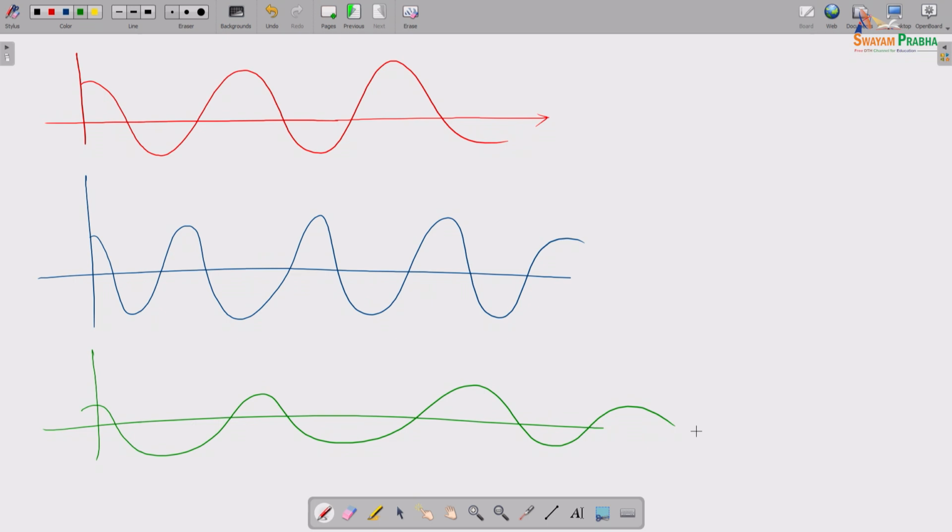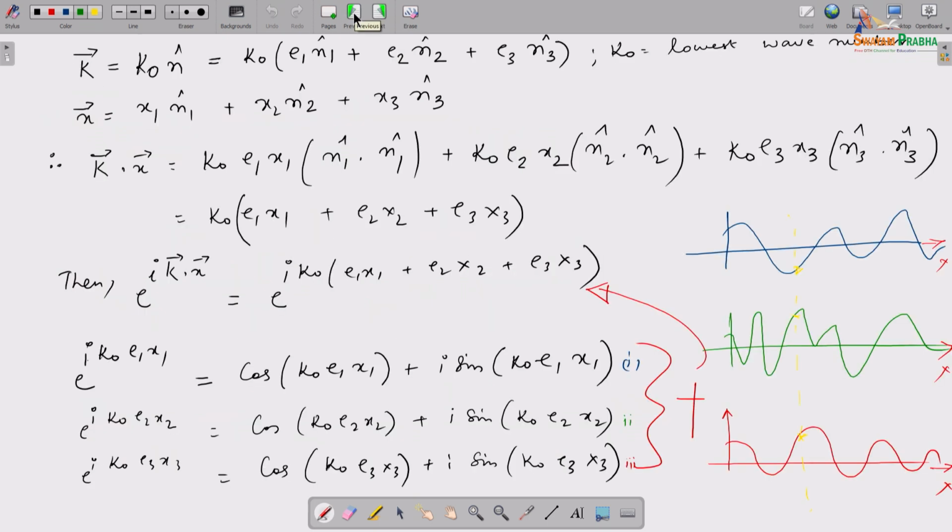Now I think you'll see the difference between this and this. I probably didn't draw this correctly, this is not exactly a cosine function, but forget that for a while.